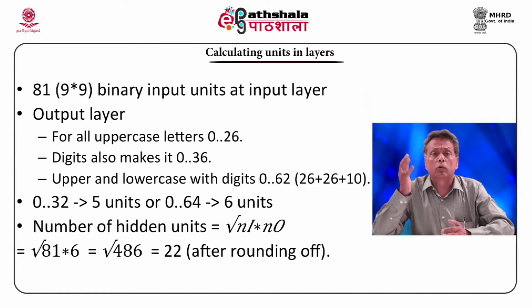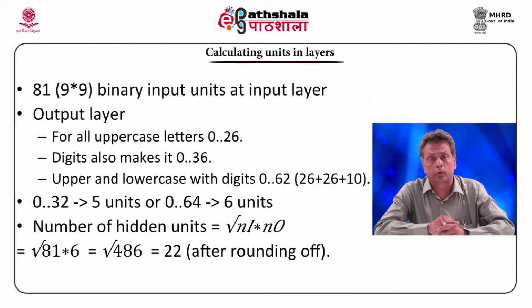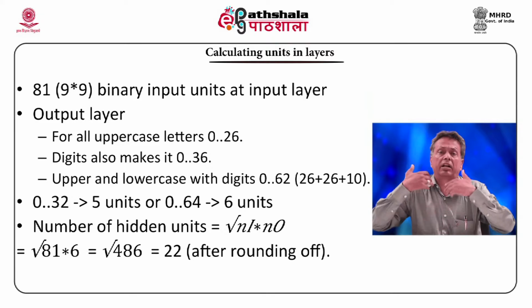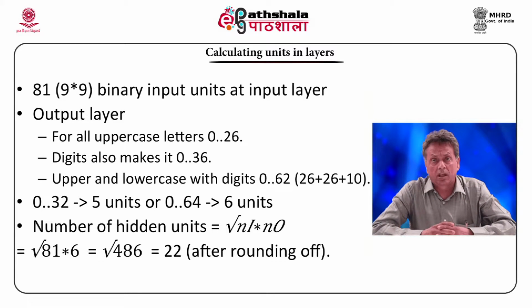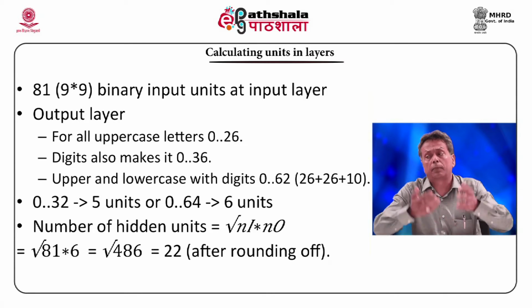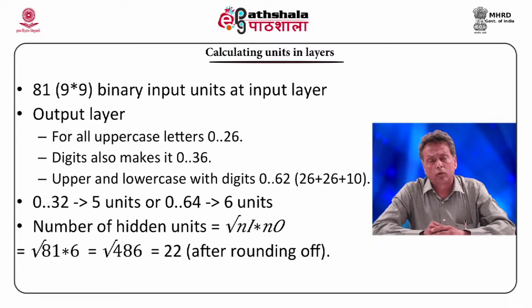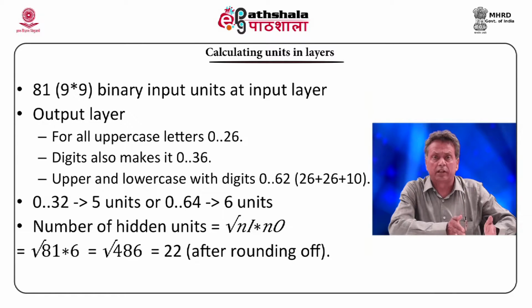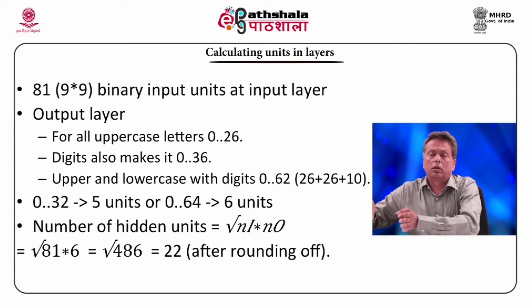In that case, I need a total of 26 outputs. If I also include zeros and ones, I need 36 outputs. If I also want lower and uppercase, it is 62 total. So, what I need is either 26, 36 or 62.